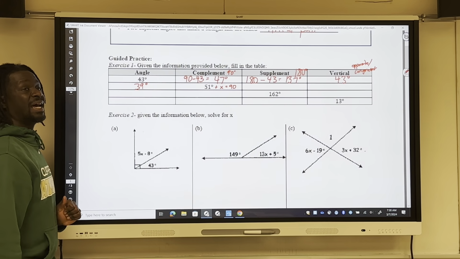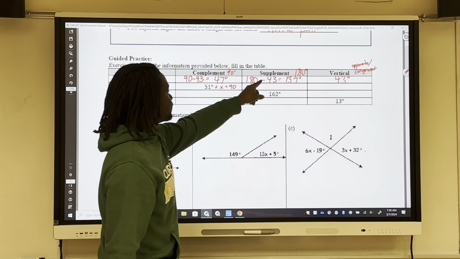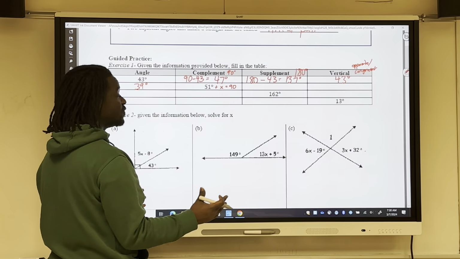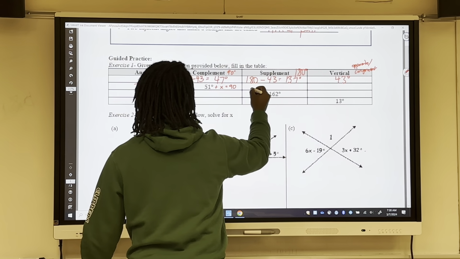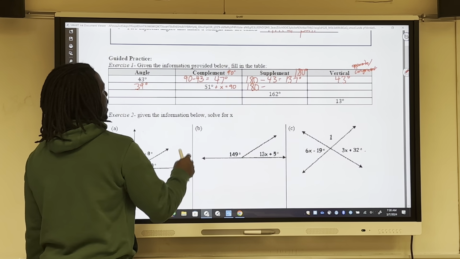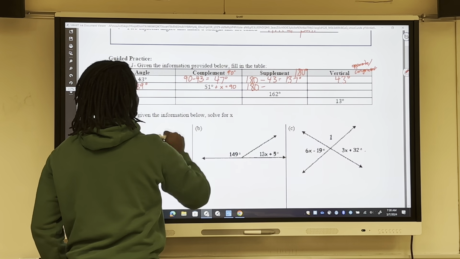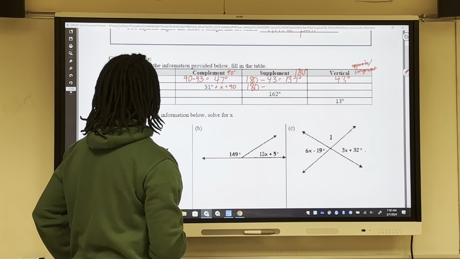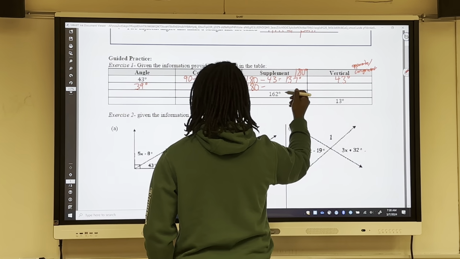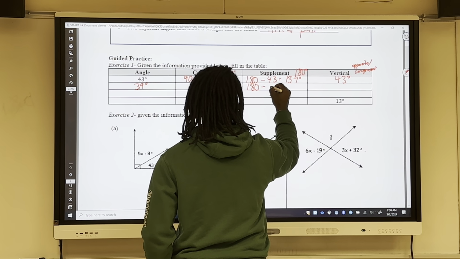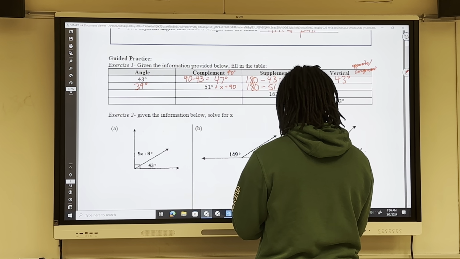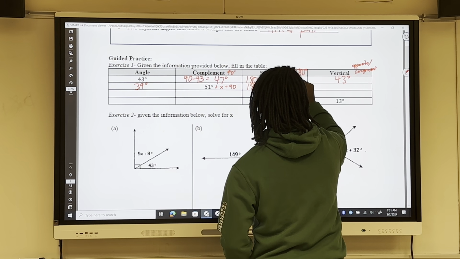All right, so now that I have my angle, this minus 180, because again, supplementary angles add up to 180. So for the supplementary, I'm doing 180 minus 51, going to give me 129 degrees.